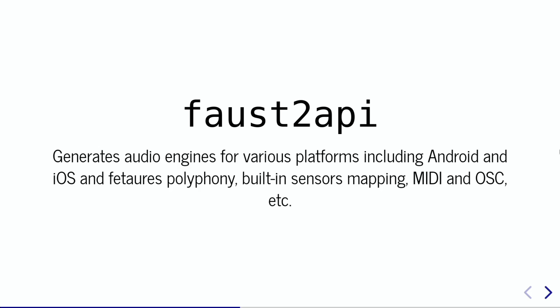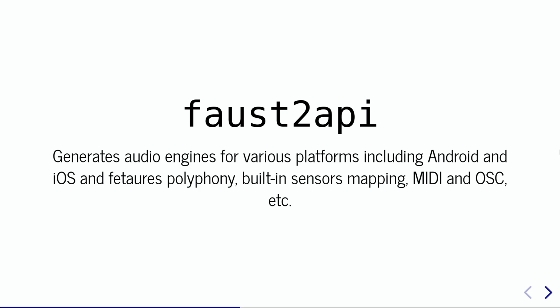What it was doing is that it allows you to export a Faust program to an API that you can use on iOS and Android. So it doesn't take care of the interface, but it will take care of all the low-level aspects of your audio applications.